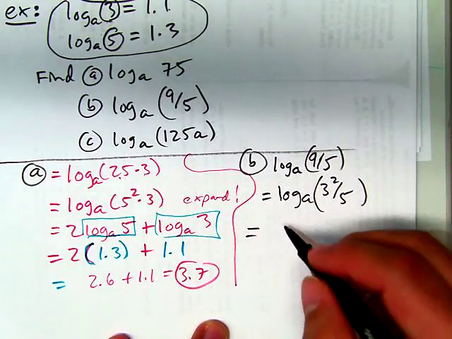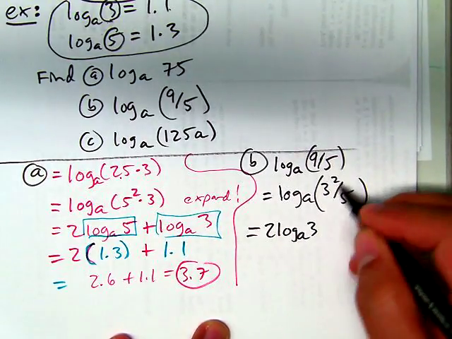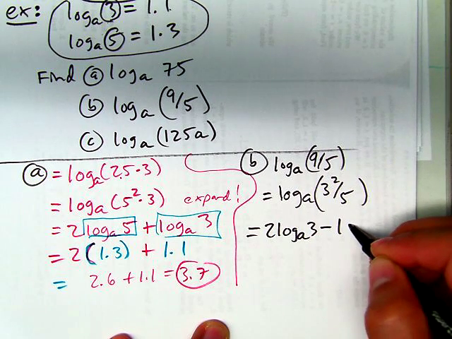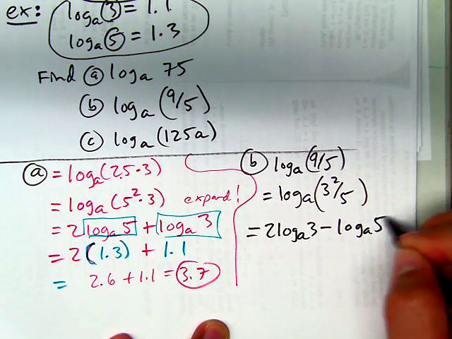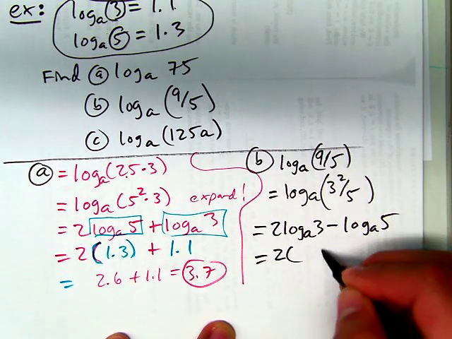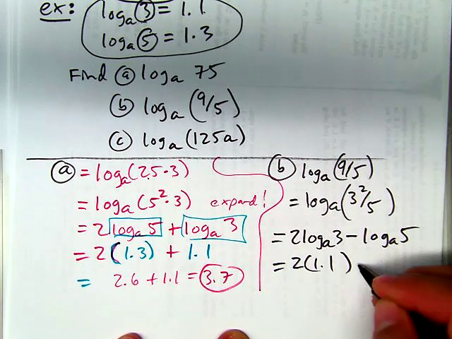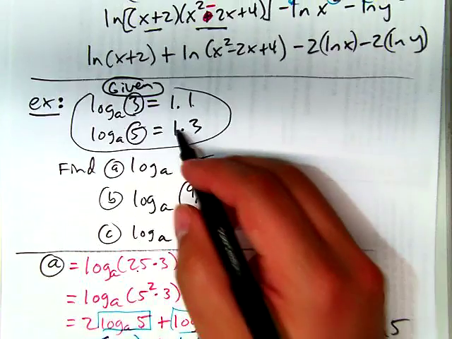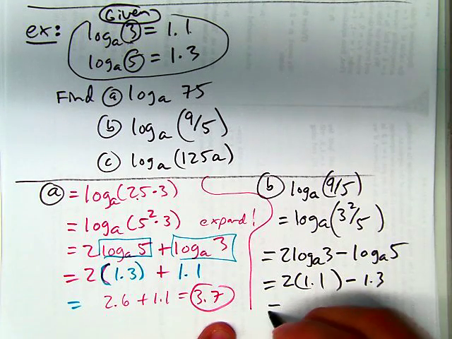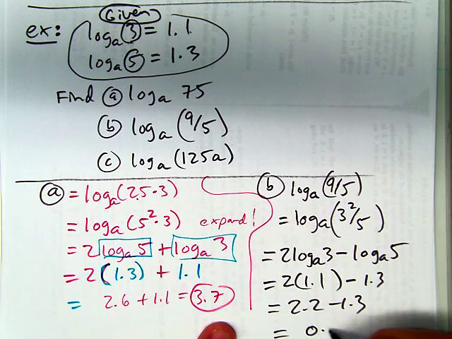And then now using the properties, I can say that this is 2 log base a of 3. Division means subtraction, so minus log base a of 5. And now we do the same thing we did earlier. 2 times the log base a of 3, which we knew was 1.1, minus the log base a of 5, which is 1.3. So this is the same as 2.2 minus 1.3, which is 0.9.